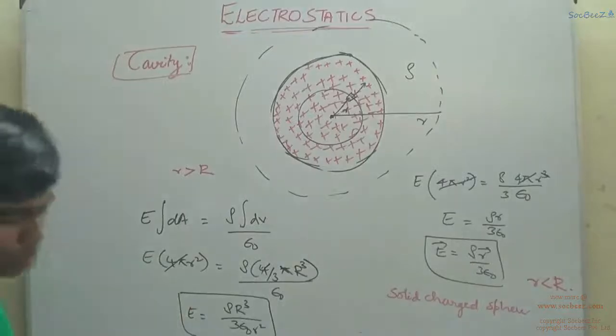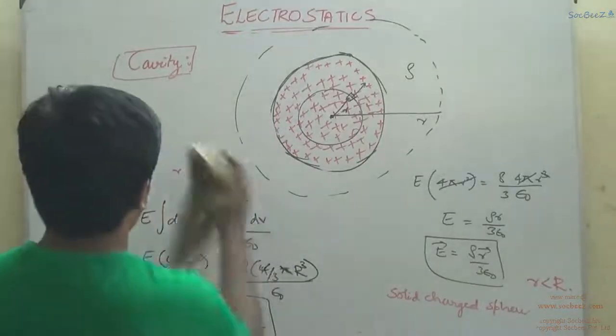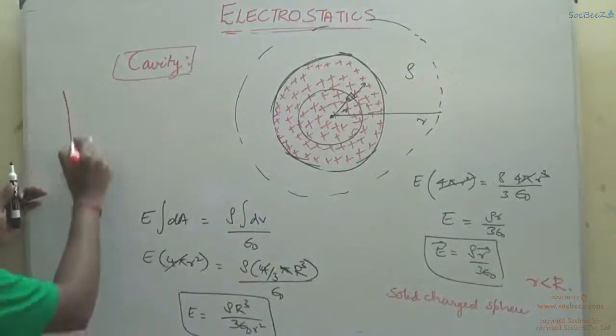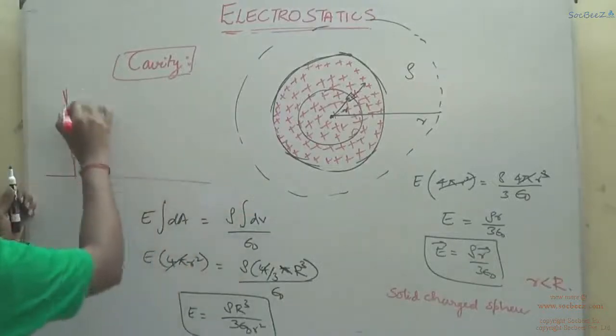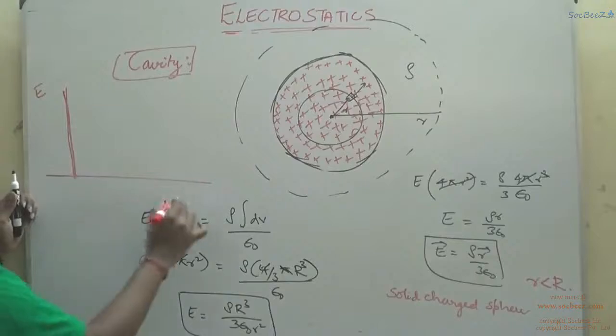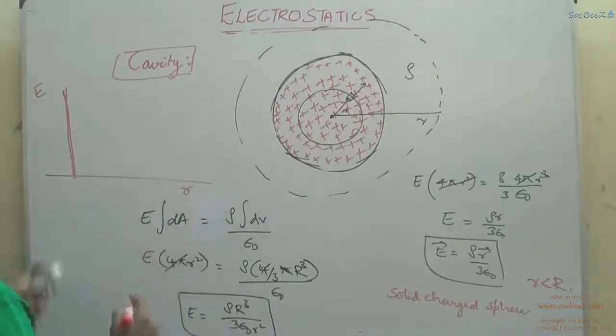So if we try to draw a graph for this electric field, this is electric field, here is r distance.